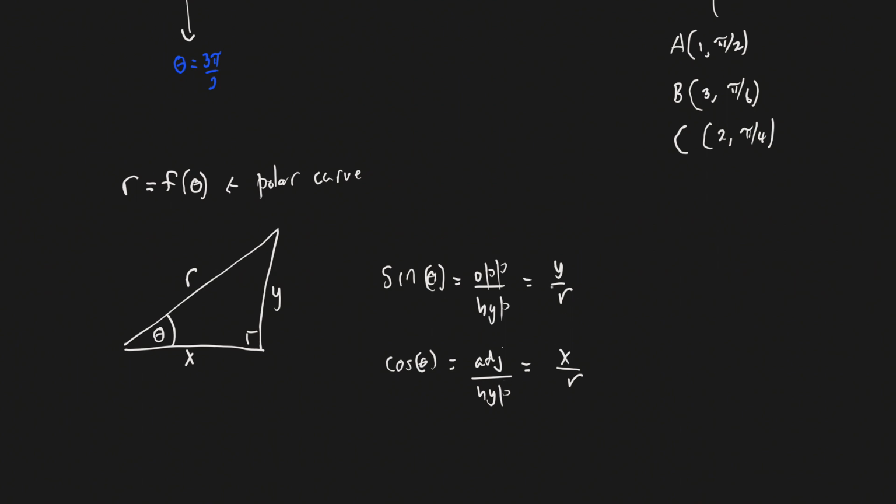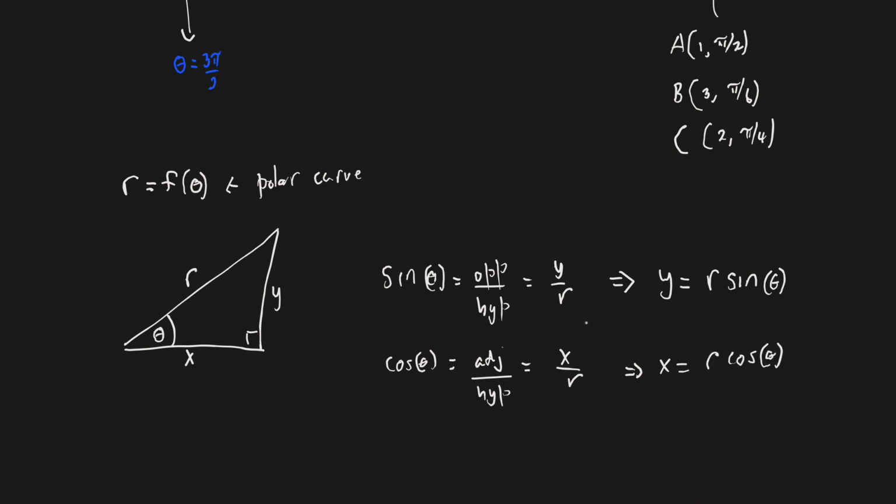And then if I just look at, let's say, the first equation, I can easily solve this for y. So what this tells me is that y is r sine theta, interesting, and then x is r cosine theta, also interesting.